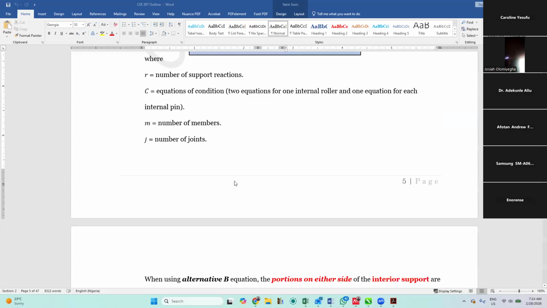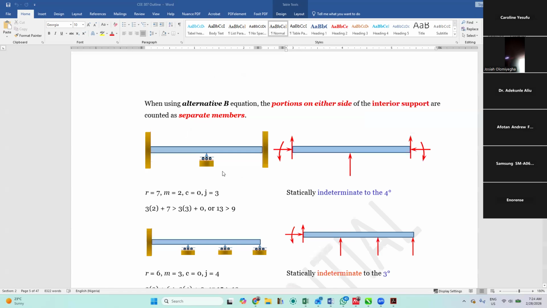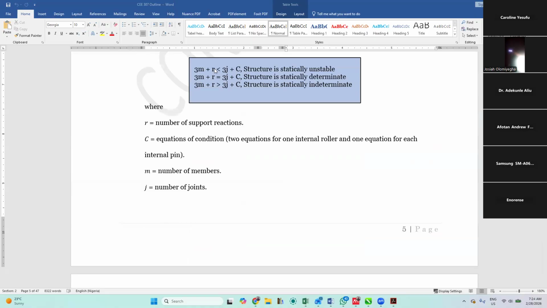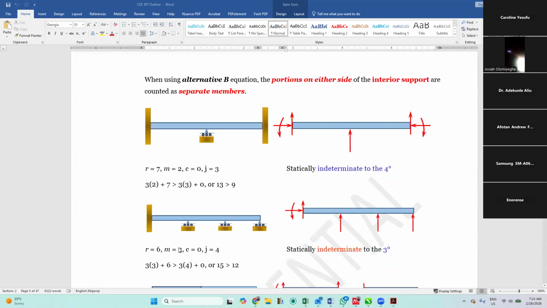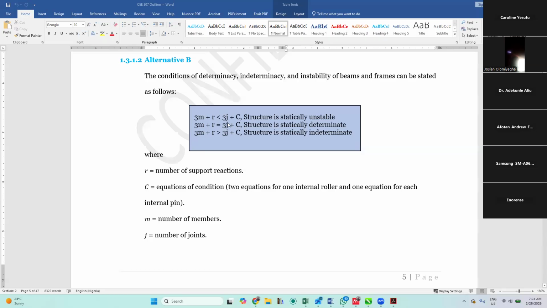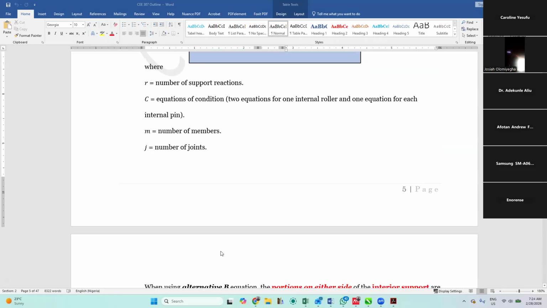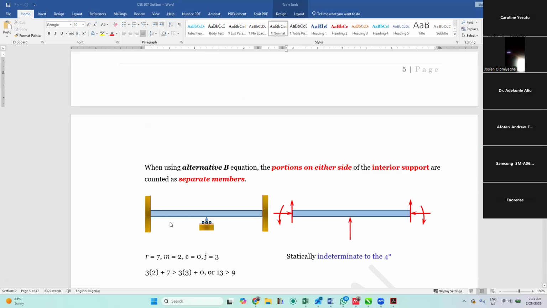So let us go ahead and do this simple one. We have 3m. What is our m? M is 3. We have it compared to 3j plus c. What is our j? Number of joints. 1, 2, 3. So 3 times 3.